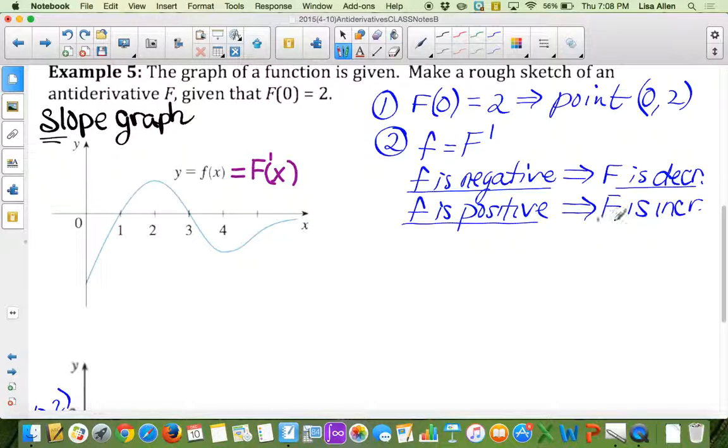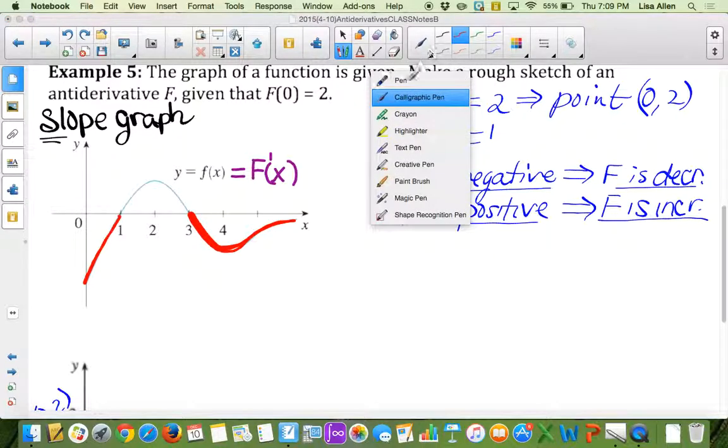We talked a lot about this when we found mins and maxes. So what are we talking about? Let me get a couple different colors here. Let's go red. I'm going to put red below the axis. I'm going to color the graph. I have to change the style of the pen a little bit.